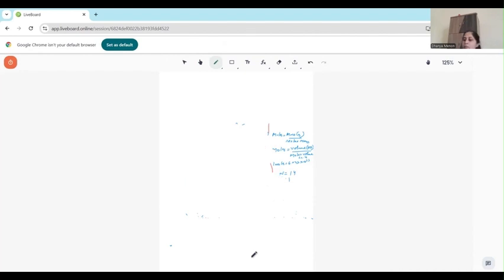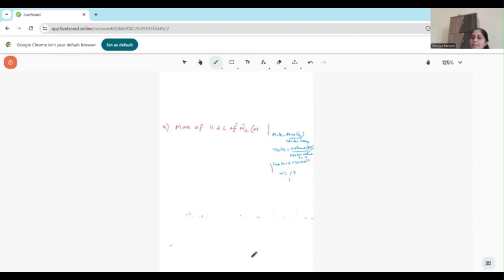Now, moving on further, question number 4. You have to find the mass of 11.2 liters of nitrogen molecule. This is mass, and they have given the volume at STP.